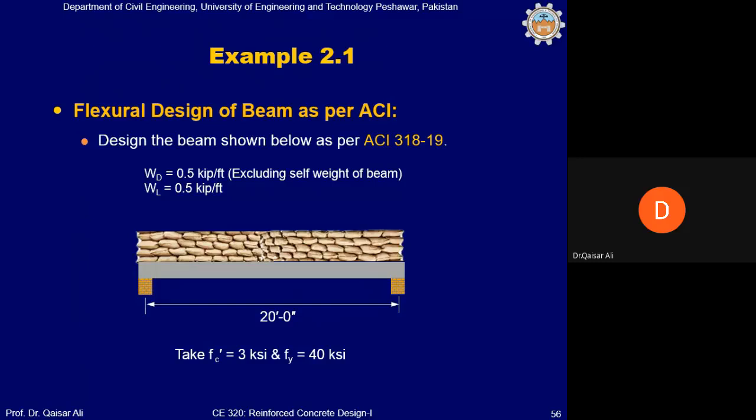But if the beam is simply resting on the walls, you can assume that the beam is a simply supported beam. Clear? And this is a realistic assumption. It is based on the behavior of the beam.